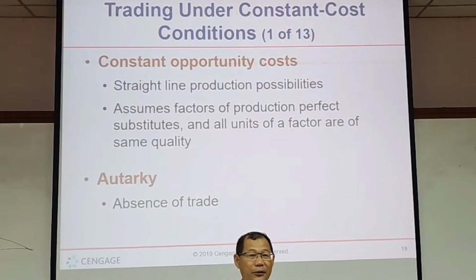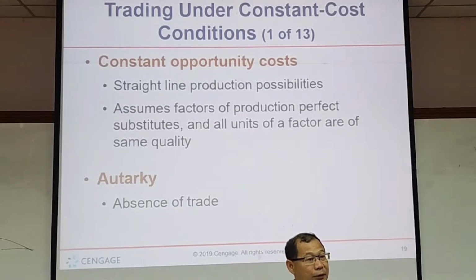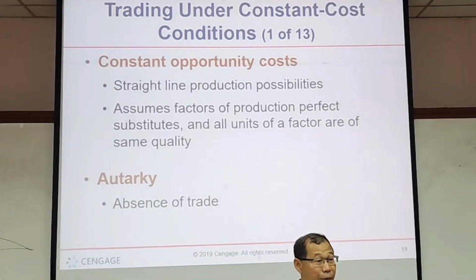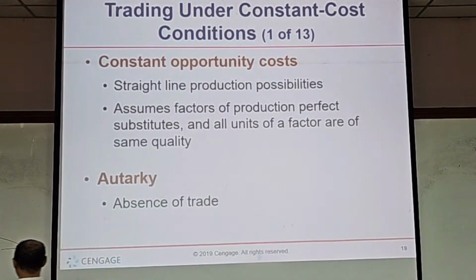After you get married, maybe you got the wrong man, or maybe I got the wrong woman. So you look before that. We look before trading, and that's why we use the word autarky, the absence of trade.